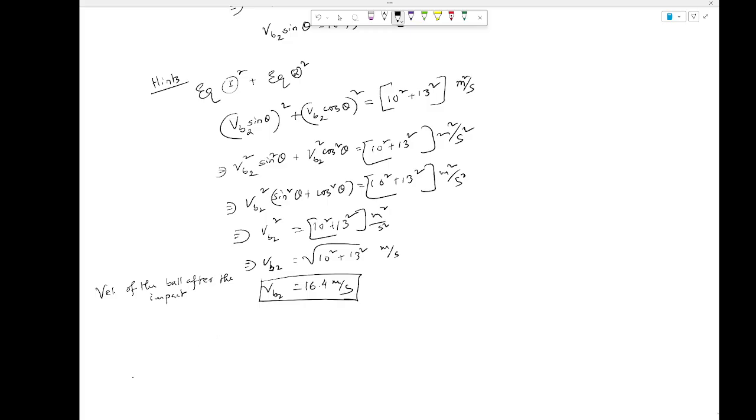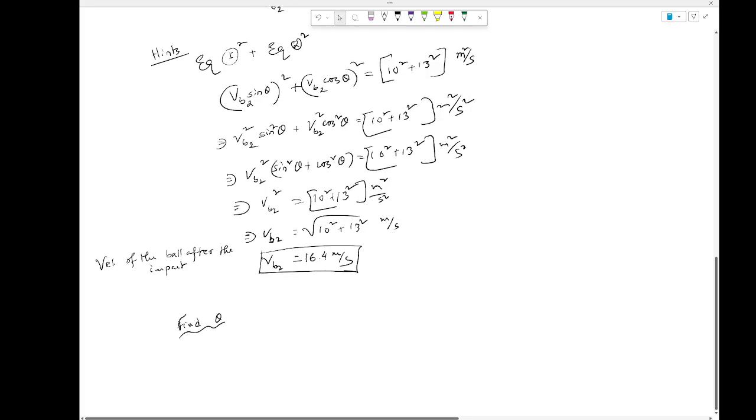All right, so our second goal is to find what? Theta. So find theta. And to do that, what are you going to do? You got to divide both equations, right? You had this V2 sine theta, equation number 1. You're dividing V2 sine theta by V2 cos theta, equation number 2. And on the right side, you have 10 meter per second and 13.